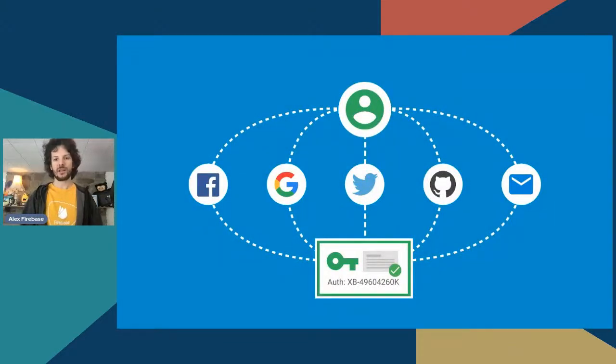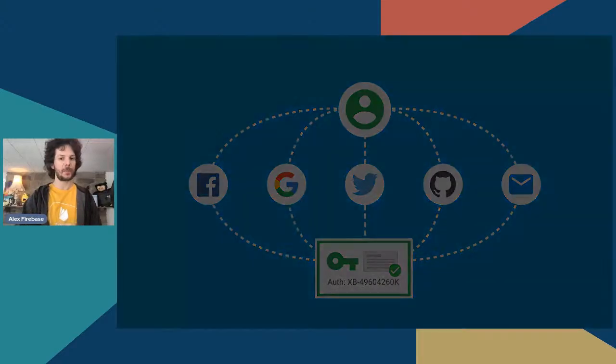Now, once your user is authenticated, no matter which identity they use, they will always be mapped to the same user profile. So you don't really have to do the boilerplate job of having to figure out yourself how to connect the dots here. We just make it consistent and easy.